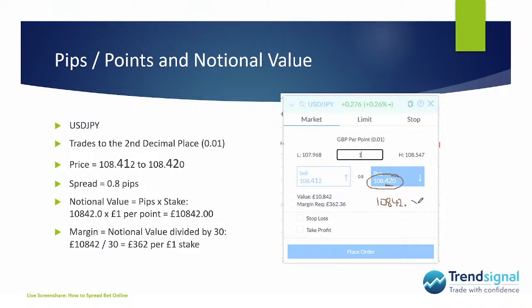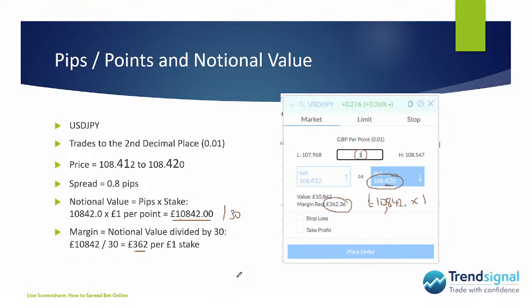So 108.42 times the stake per point, 1, basically means that this is a 10,842 position. Because we can trade that at 30 to 1, divide that by 30, and that gives you our notional value, which means that in order to do this trade, we would need £362 in our trading account. So it's relatively straightforward in that regard.